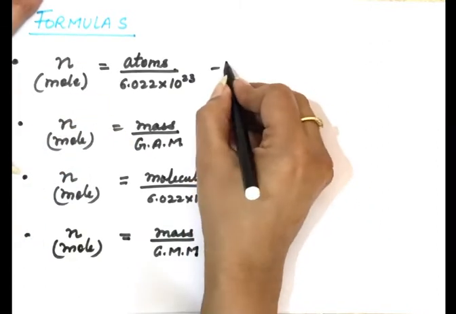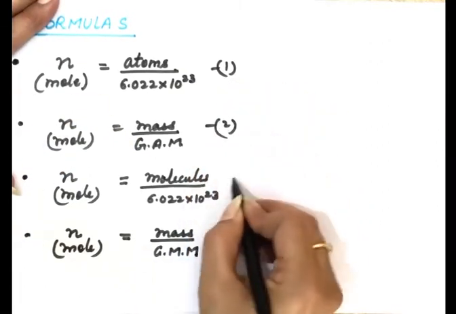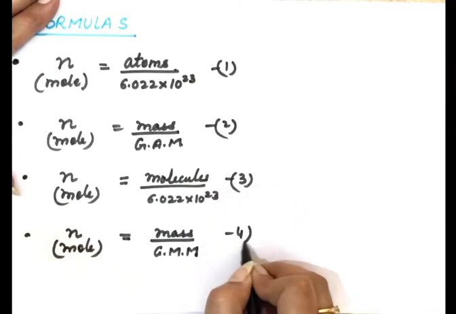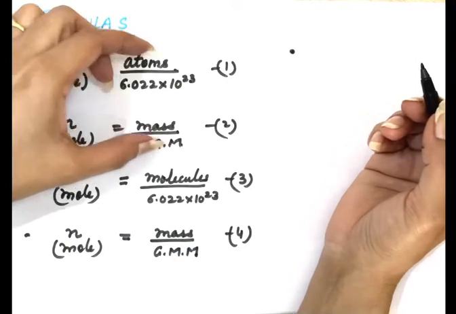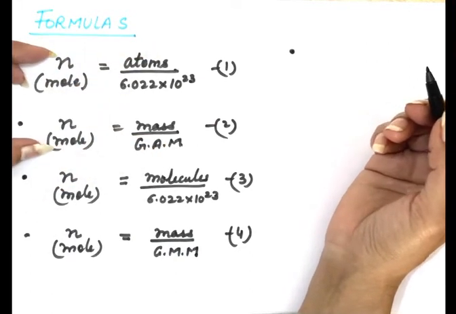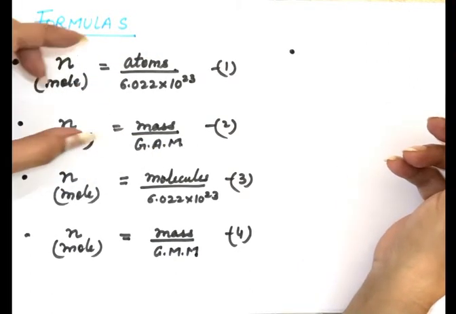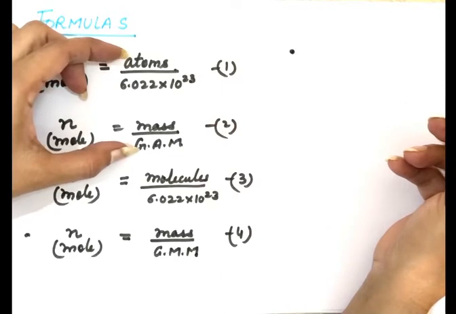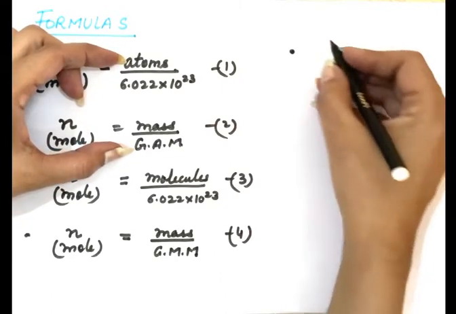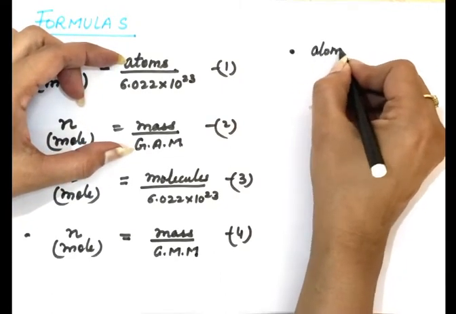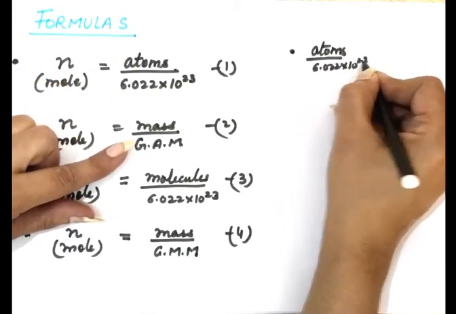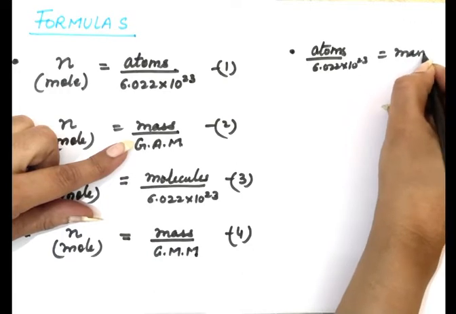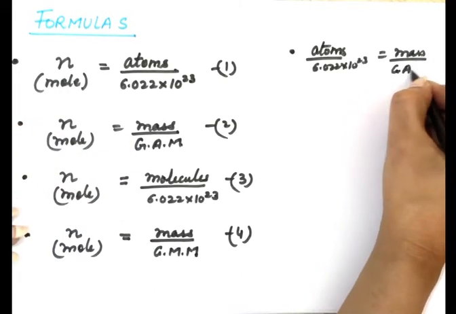Now see this first, second, third and fourth formula. Next formula: these two formulas are for the mole of element. If these sides are equal, these two will also be equal to each other. So we get another formula by equating them: atoms upon 6.022 × 10^23 is equal to mass upon gram atomic mass.